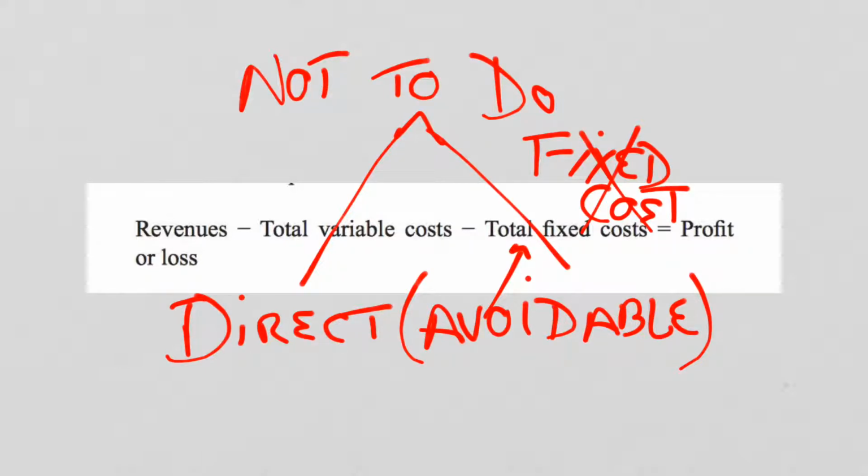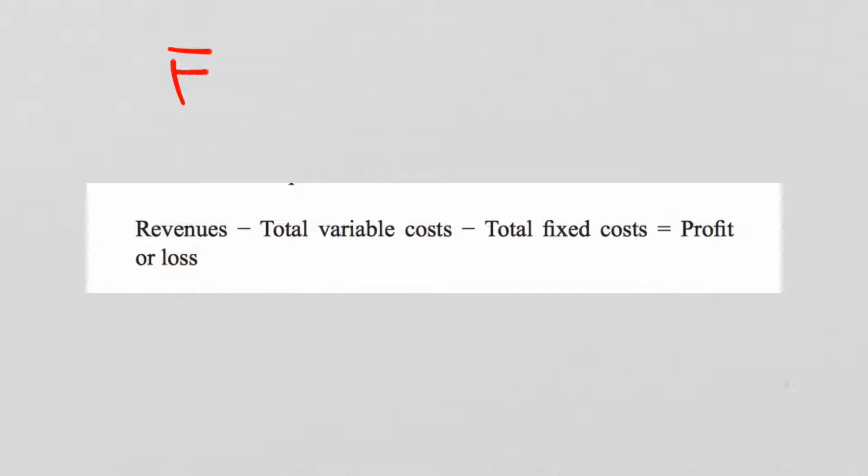Avoidable means if you don't do choice A, the fixed cost that's direct to choice A, or avoidable to choice A, goes away. That's as opposed to a fixed cost which doesn't go away, which is not avoidable.